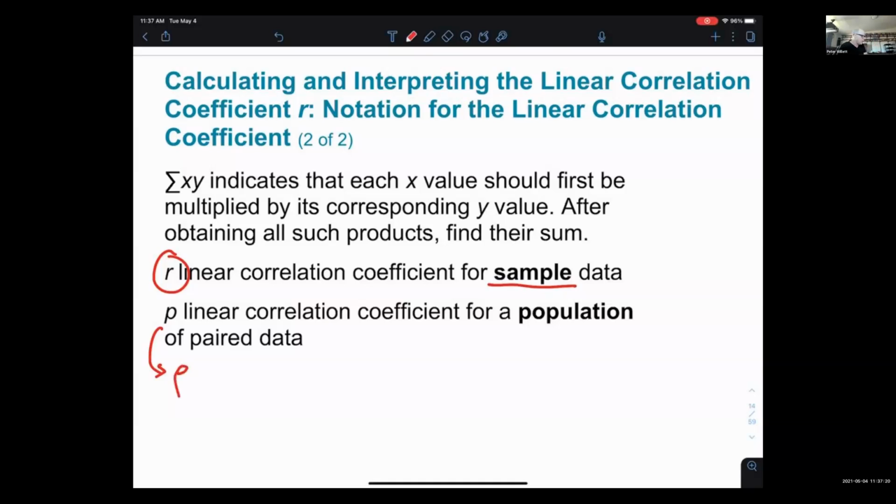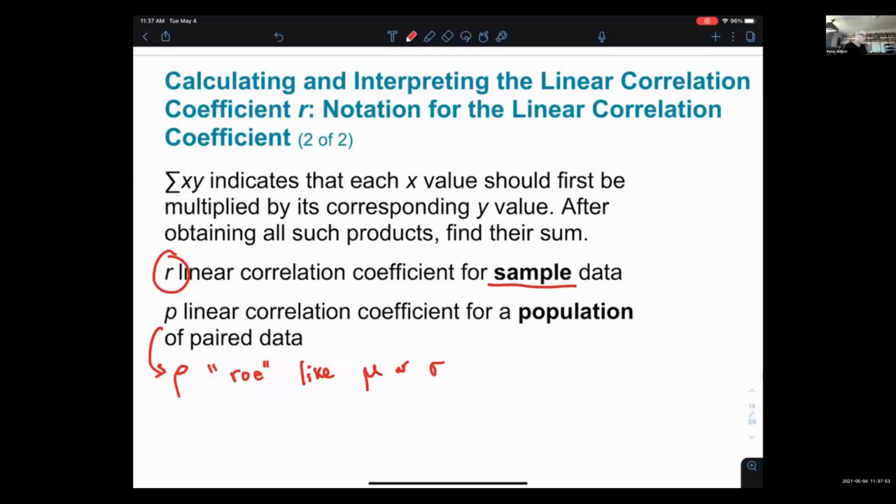And I know that still kind of looks like a P, but I think it's pronounced rho. I'm going to put R-O-E. And it's a Greek letter. It's like a small R as a Greek letter. And so when they're using the rho symbol, that's kind of like the mu symbol or the sigma symbol when they're talking about the population versus just talking about the sample.